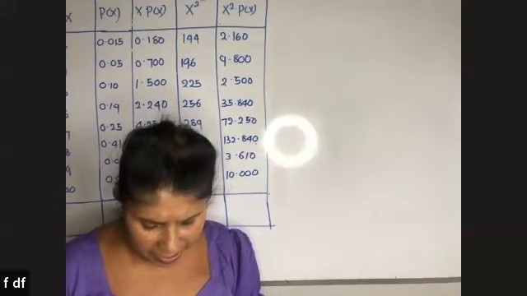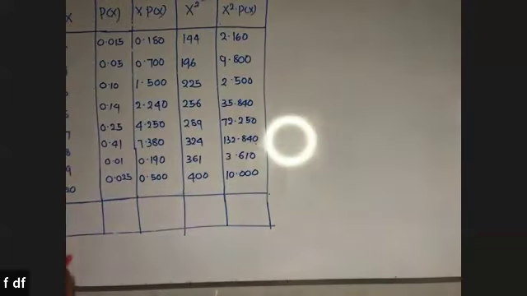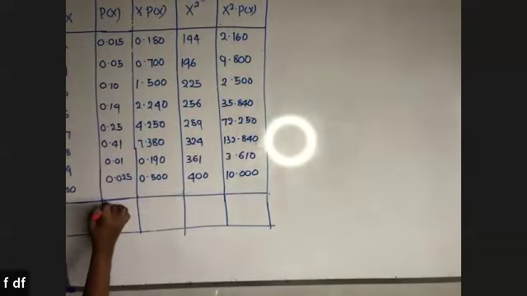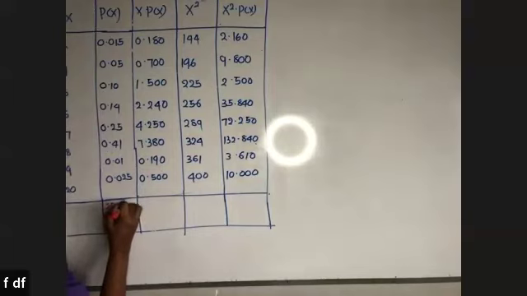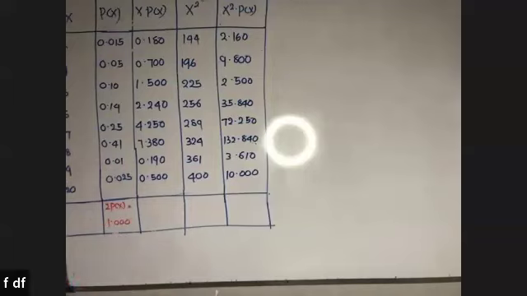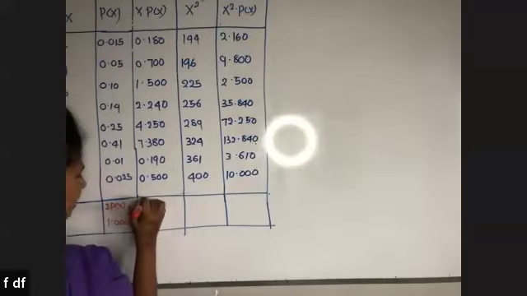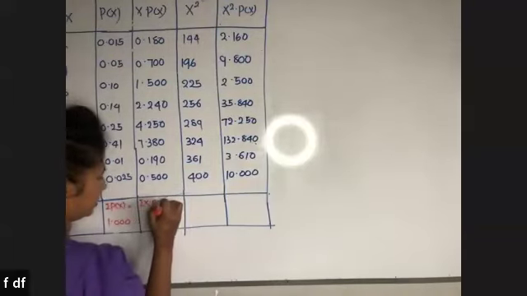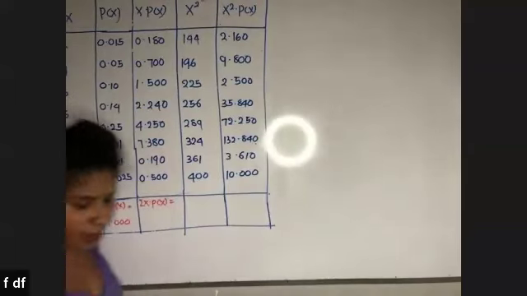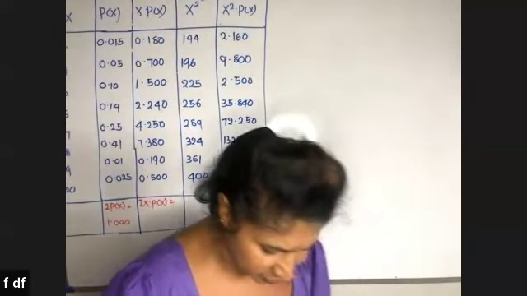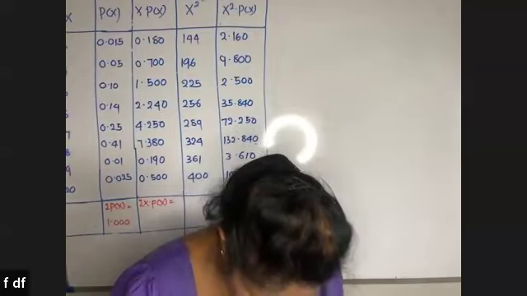Then take your totals. You need to take sigma P(x). Once you add all these figures, that is 1. Sigma P(x) should be equal to 1. Sigma x into P(x), what is that? It is 16.94.